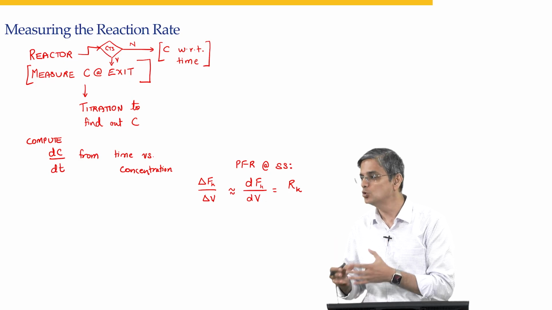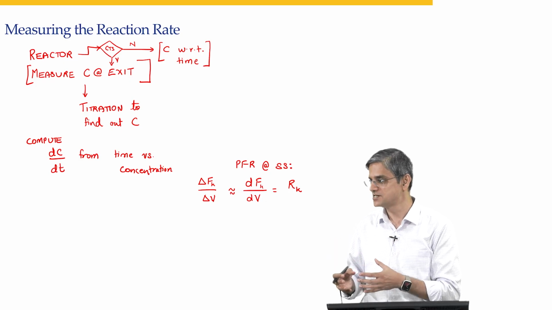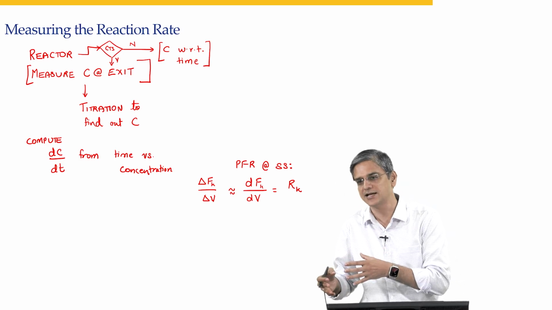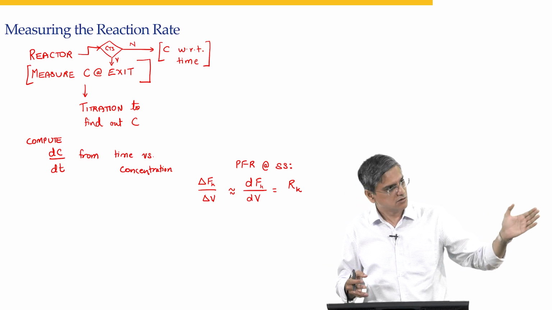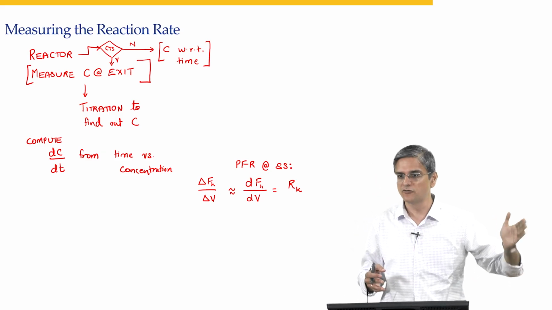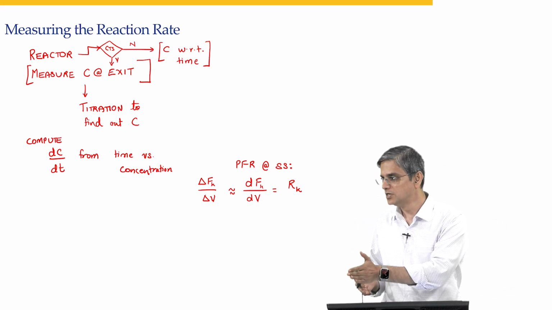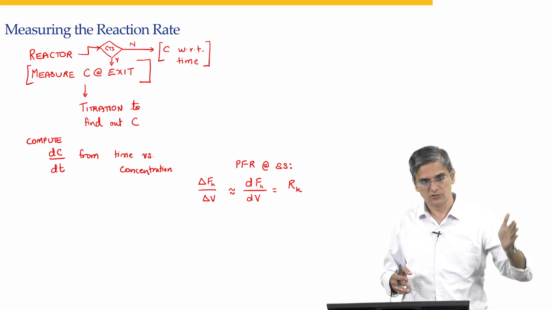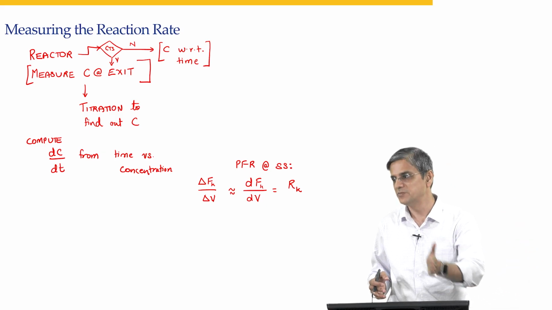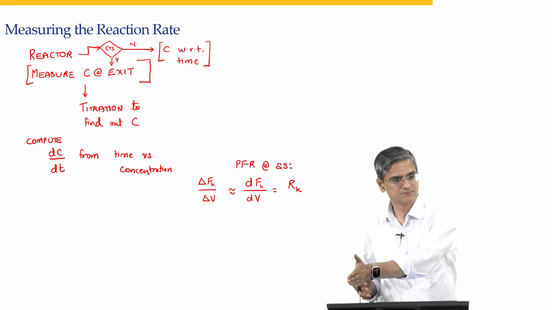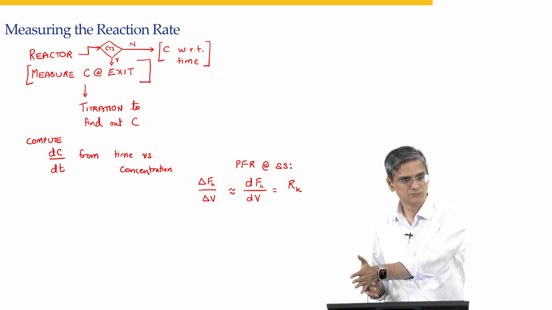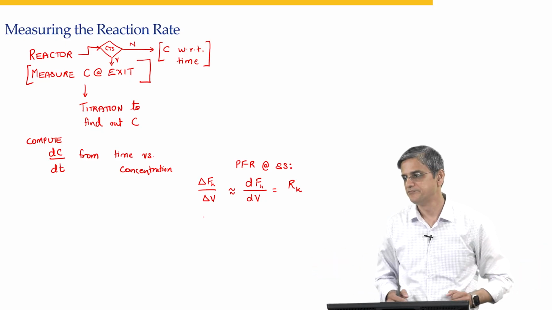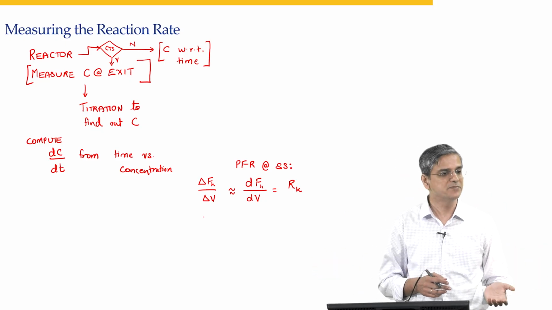If it is truly a plug flow reactor or truly a CSTR, if it is truly ideal or almost an ideal reactor, changing Q from 0.5 to 1 to 2 is equivalent to changing the V from V to V by 2 to V by 4, or V to V by 2 to 2V, because it is V by Q that matters.